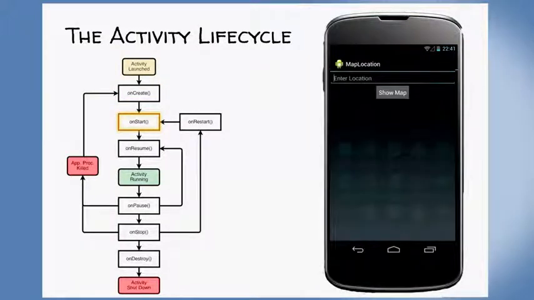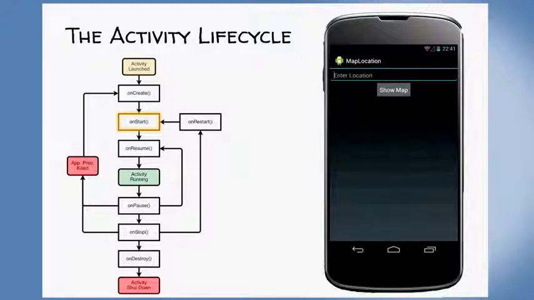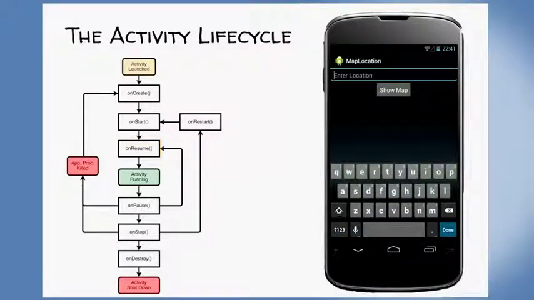And at this point, map location is visible, but not yet ready for user interaction. Android now calls onResume. After onResume completes, map location will soon be both visible and ready for user interaction. And at this point, the user will normally enter an address in the address box.